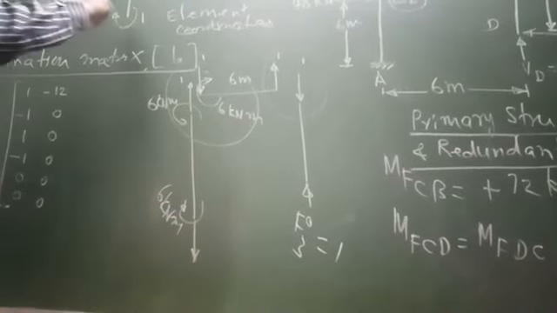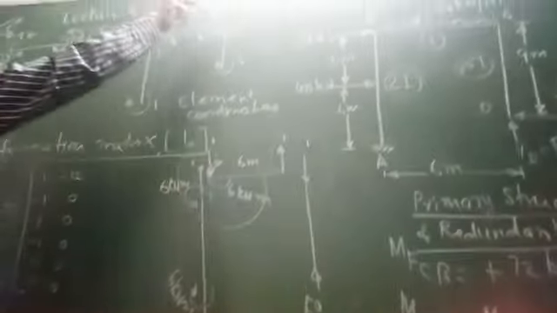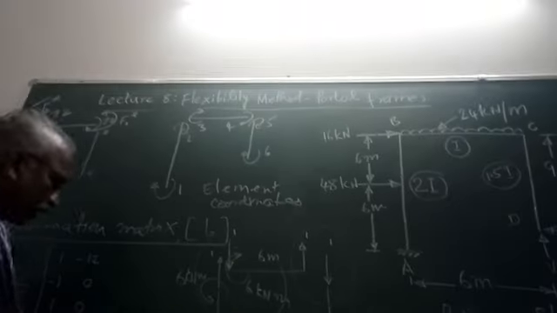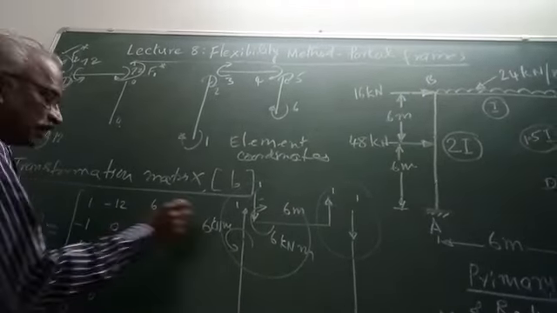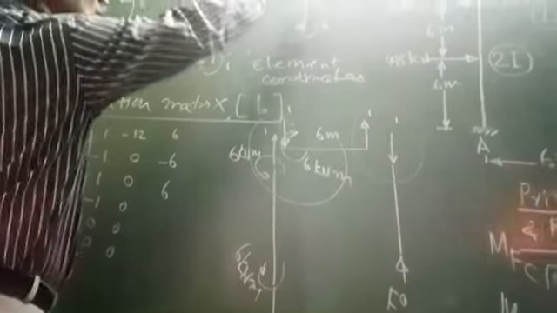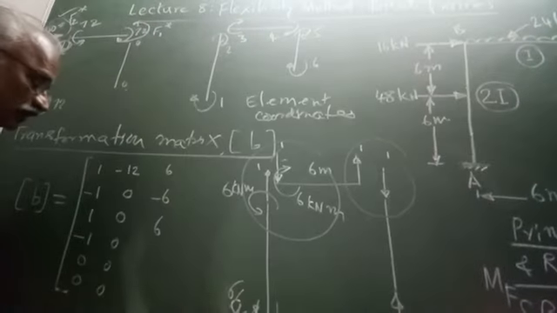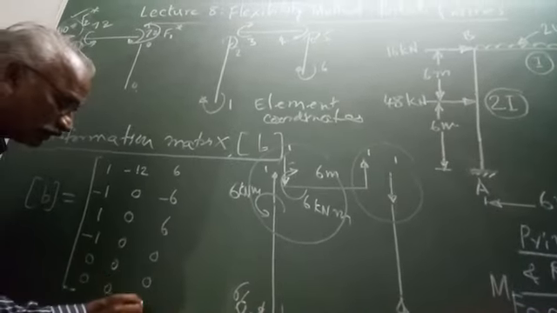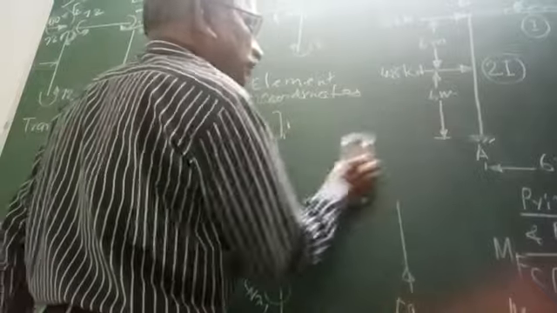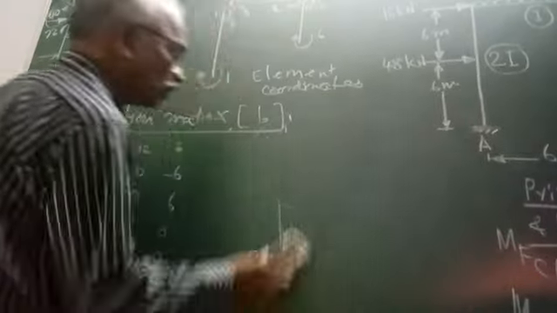Therefore, in this order, these are all clockwise. So here it is 6 minus 6 plus 6. Here there is no moment. We have chosen only moment coordinates, so no moment here. Therefore, that is 0, 0, 0, 0. So that is the third column obtained by applying F3 naught equal to unity.